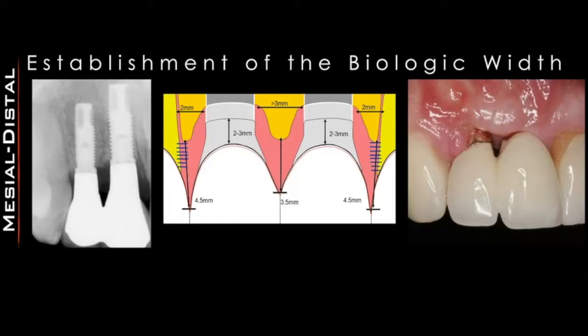So if you have an implant that is more apically placed as the one in the central, we will have that central implant having more bone remodeling, and that bone remodeling will affect the platform of the neighboring side.